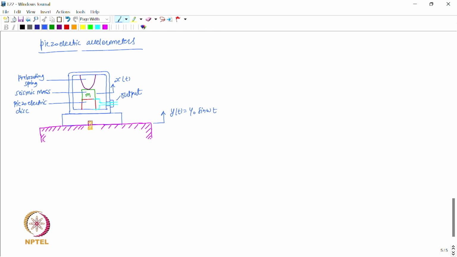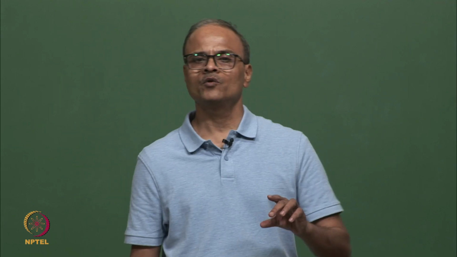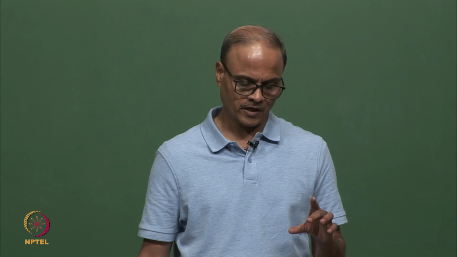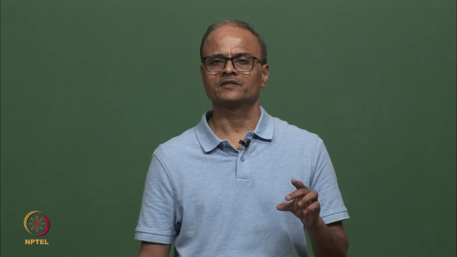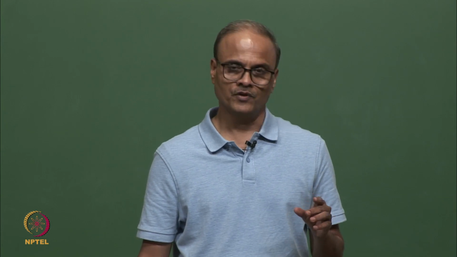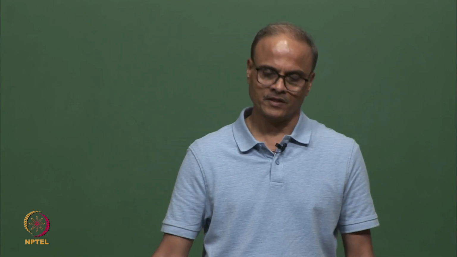And therefore the piezoelectric disc is subjected to a net displacement x minus y, that is z, and therefore the deformation of the piezoelectric disc is nothing but z, which is the relative displacement of the seismic mass.